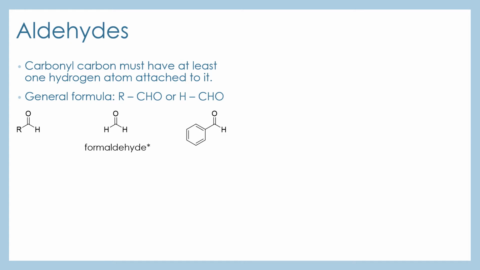This is benzaldehyde, which has the aldehyde functional group directly attached to a benzene ring. Also, fun fact about benzaldehyde, it smells like cherries and it can be found in almonds. This is acetaldehyde. It's a 2-carbon aldehyde.